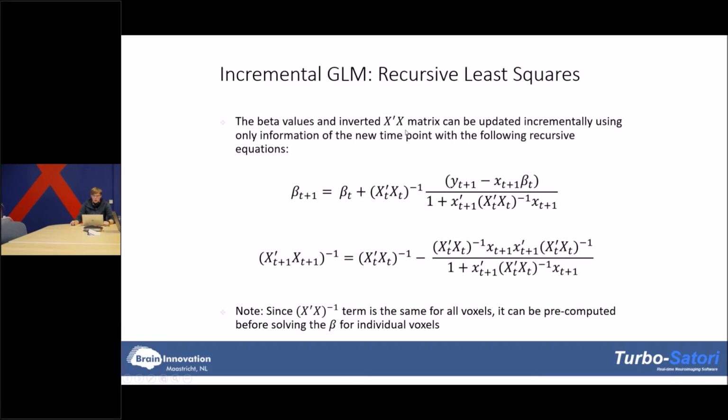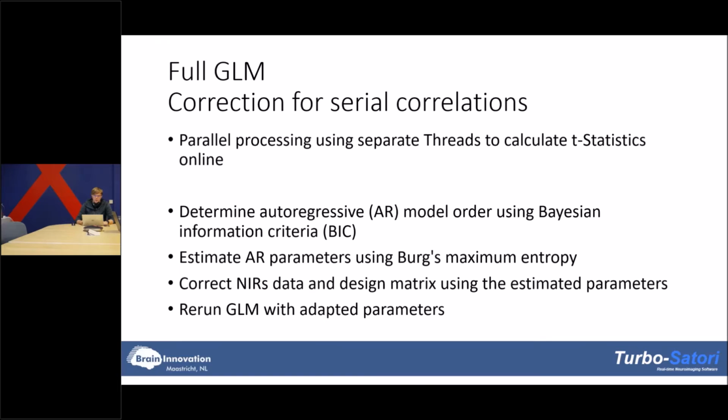This allows us to create this term, which is a computationally big effort to create, once for all channels, and this allows us to calculate the statistics much faster. For NIRS, the more channels you have, the more important it is to calculate this once for all the channels.